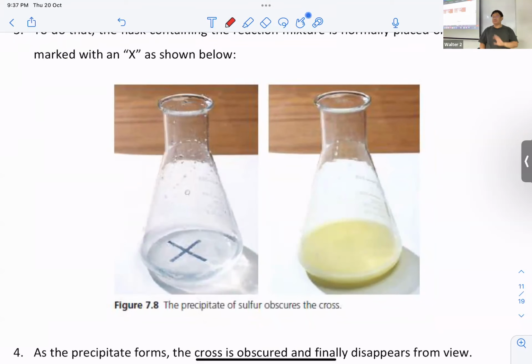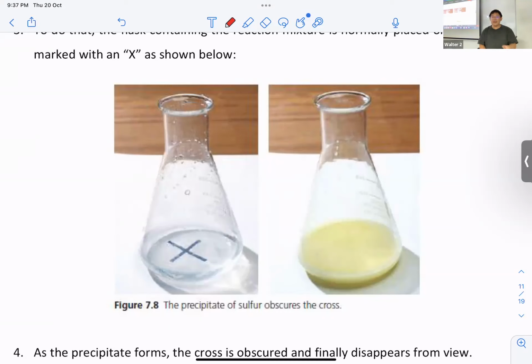All right, okay. Listen. So before you do the experiment, you have to prepare several things. Number one, you have to prepare the solution of sodium thiosulfate. You have to prepare the solution of hydrochloric acid. You can also replace hydrochloric acid with any other acid, such as sulfuric acid, nitric acid, and so on.